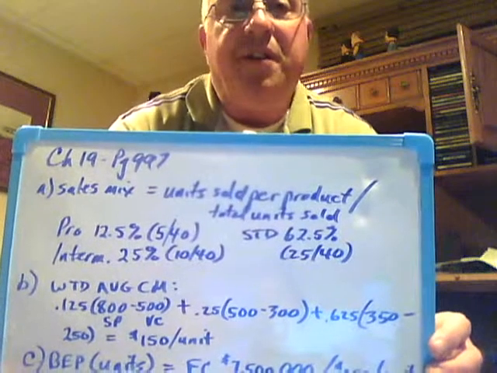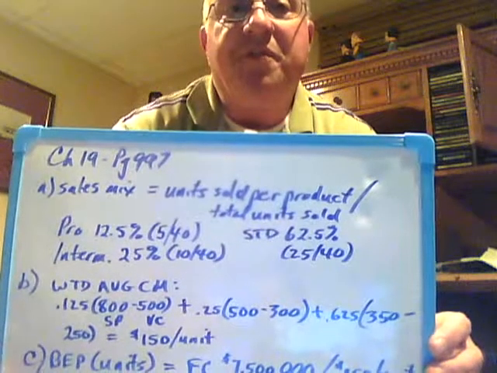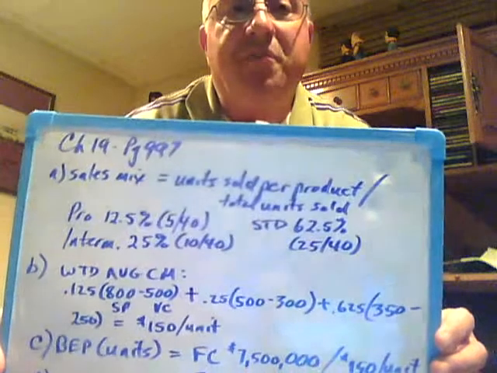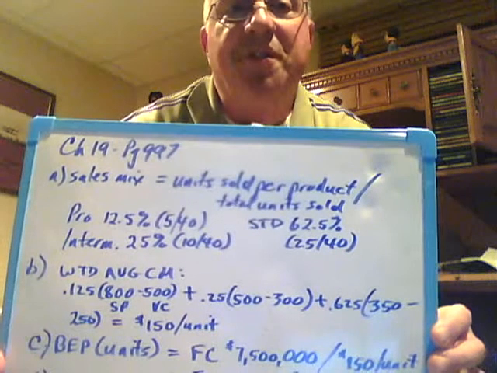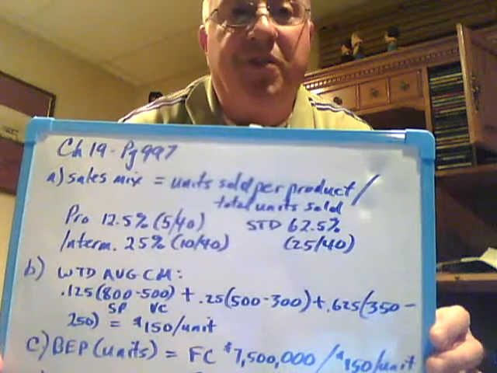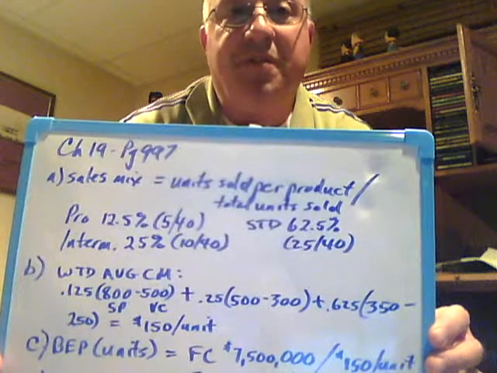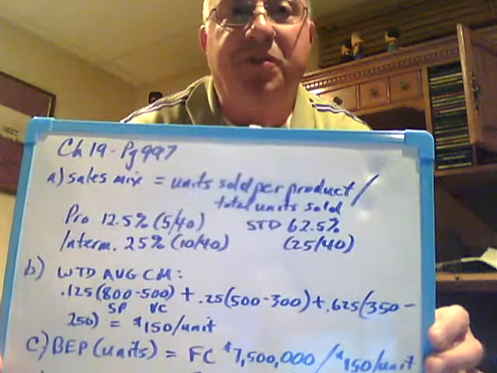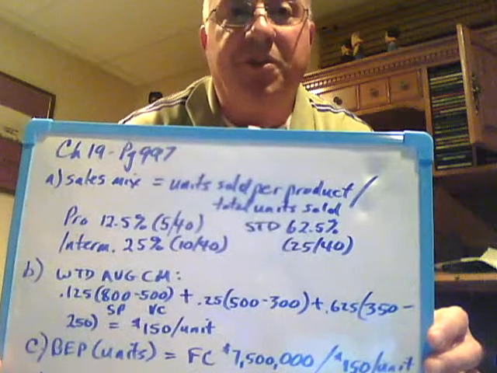Then we add the intermediate, which is 25%, or 0.25, times the difference between selling price and variable cost for that one, which is 500 minus 300 per unit, or $200 contribution margin.